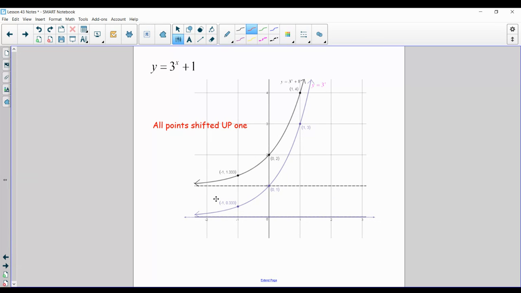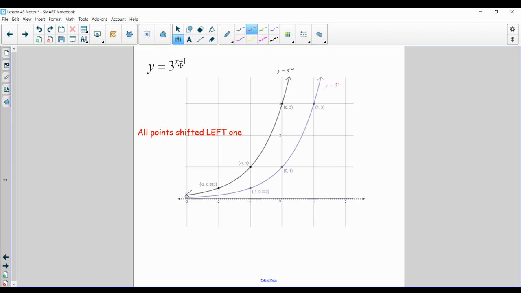This purplish one would be 3 to the x. If I do 3 to the x plus 1, notice how all of the points are shifted up one spot, as well as the asymptote now. So the asymptote now would be at y is equal to 1. You're never going to cross that.